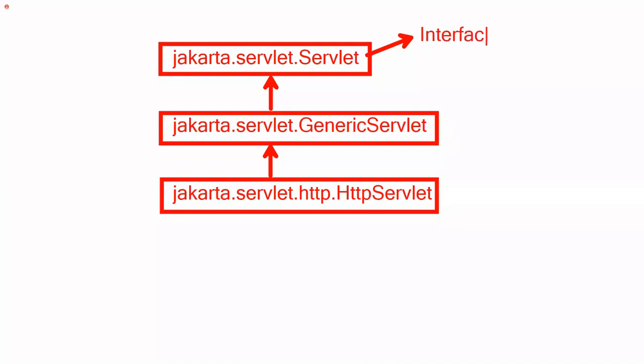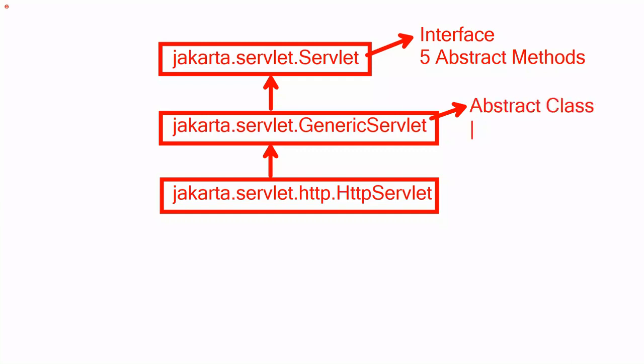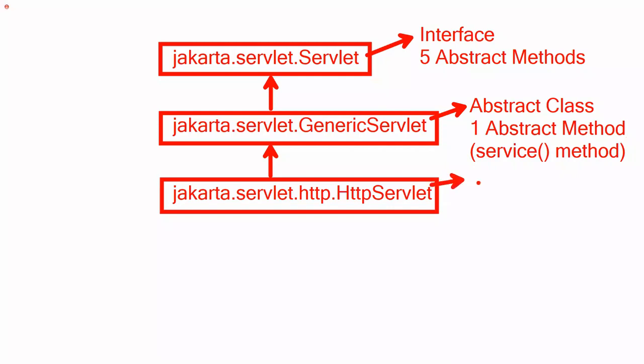It is an interface. Here 5 abstract methods. It is a class, an abstract class. One abstract method. That is service. Here, abstract class, here no abstract methods.